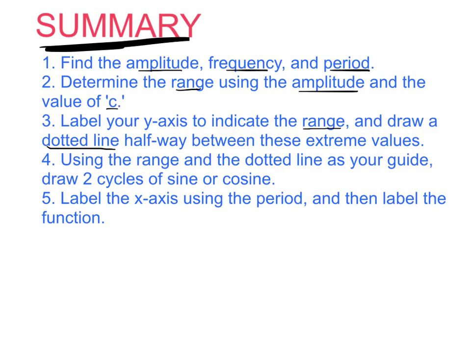So now you go to step 4, which is just to draw your 2 cycles of sine or cosine. And then your final step is to label your x-axis using the period and then label with the equation of the function.